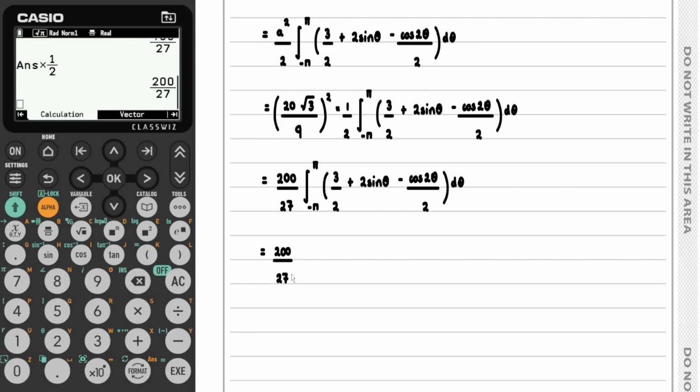So I've got 200 over 27, and now if I integrate, I've got 3 theta over 2, subtract 2 cos theta, subtract sine 2 theta over 4, which I need to evaluate between minus pi and pi.